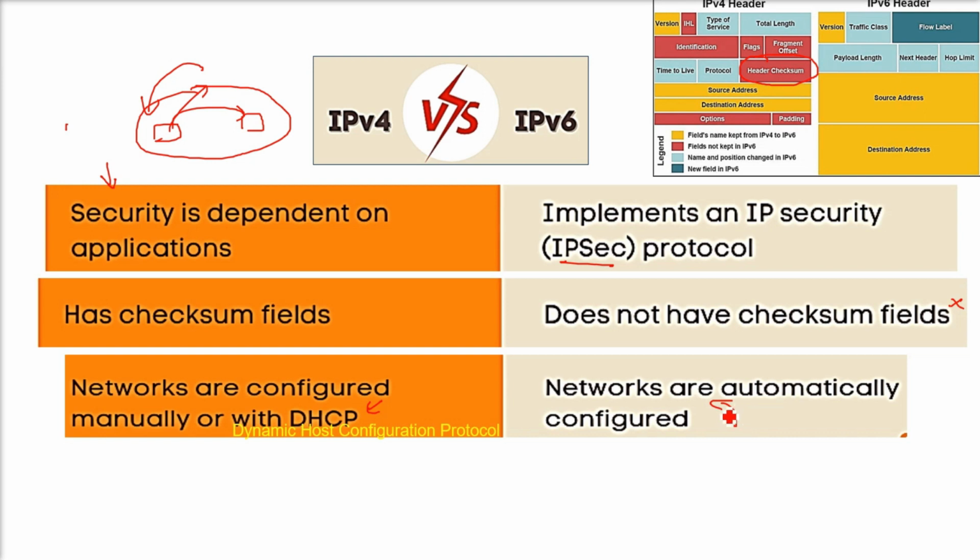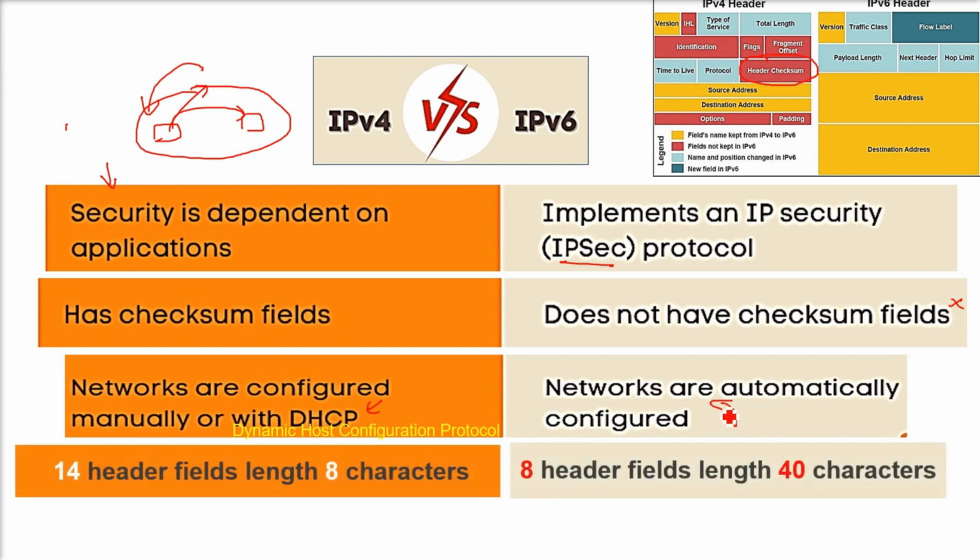No manual thing here. Again, going back to the header, IPv4 has 14 header fields. Length is 8 characters. Please see the left, the IPv4 header: 14 header fields, 8 characters. On the right, IPv6: 8 header fields, length 40 characters.